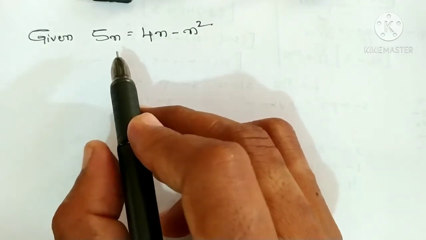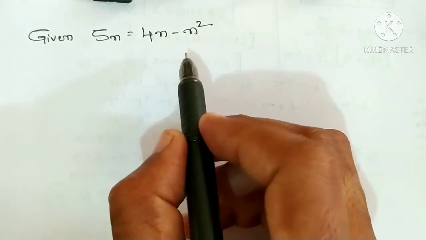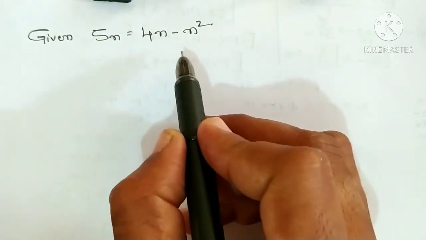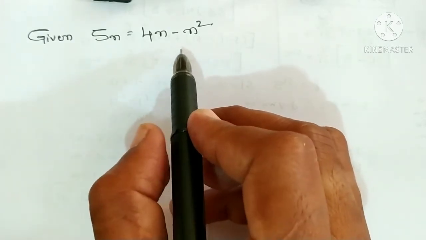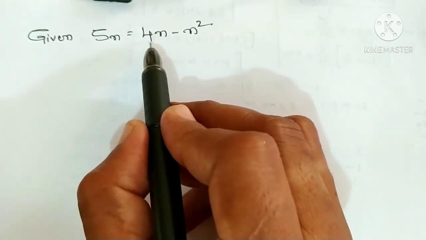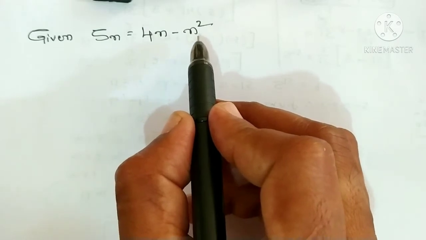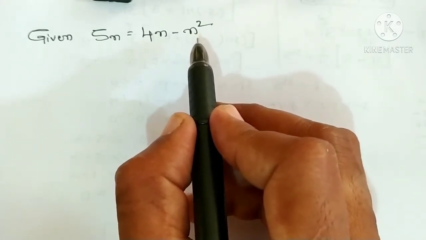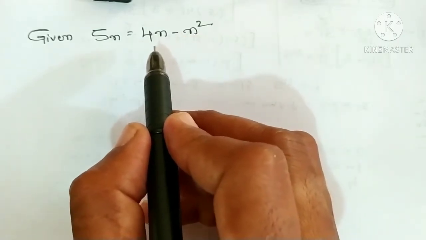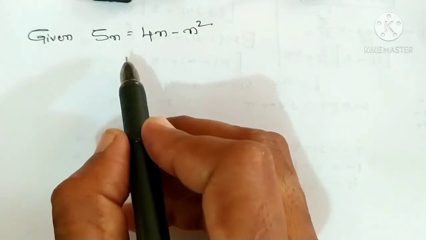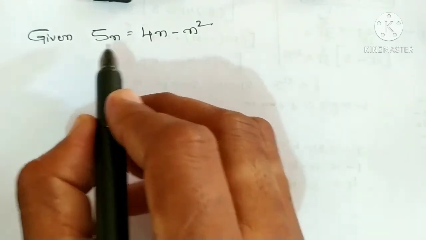Given the sum of the first n terms of an AP is 4n minus n square. That means Sn is equal to 4n minus n square. So what is the first term? That means we have to take n is equal to 1 here.